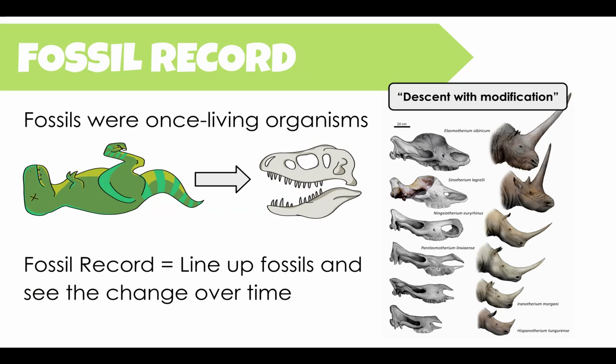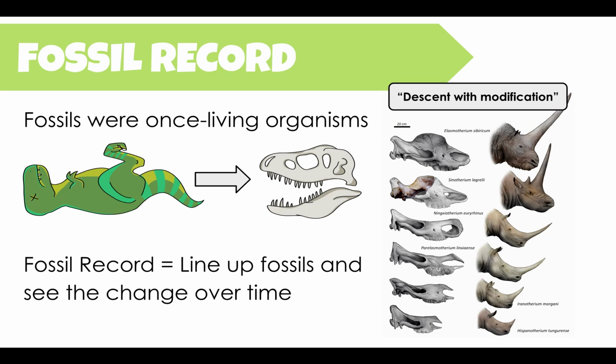So if we're looking at these organisms which are lined up in the fossil record, so oldest to newest at the bottom, and we look at the structure of the skulls of these organisms, again, from kind of really distant past to more present, we can see that the shapes of their skulls are pretty similar, but we can see changes.